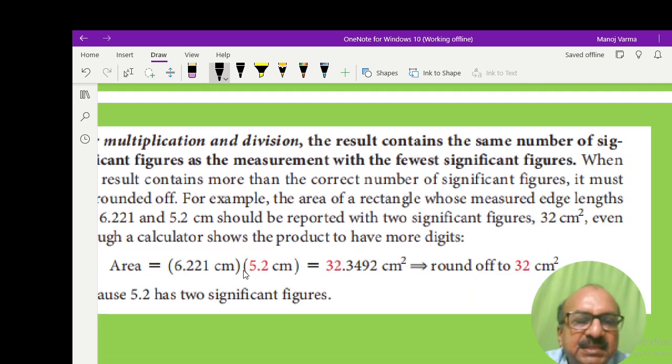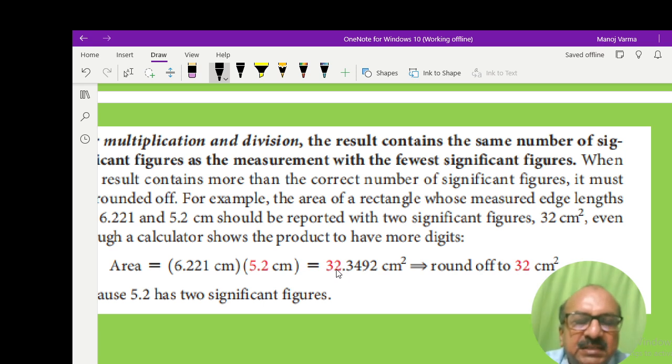But when we are multiplying or dividing numbers, then in the final answer the number of digits is decided by the number of significant figures in the lowest number that you see. Here 5.2 has two significant figures, this number has four significant figures, but our answer should have only two significant figures.